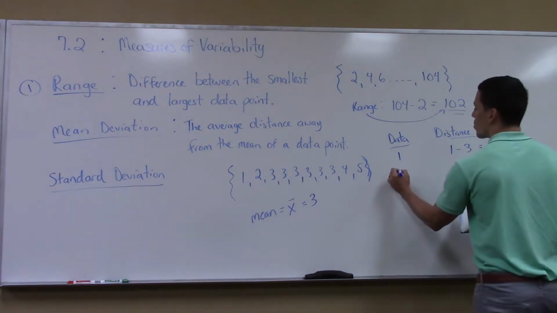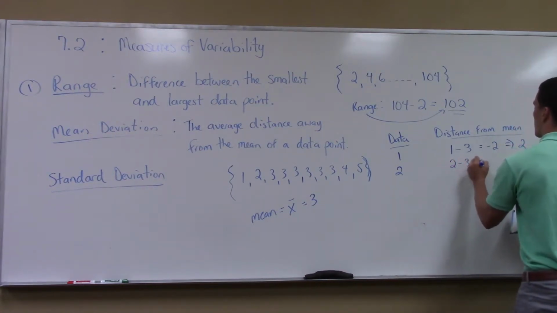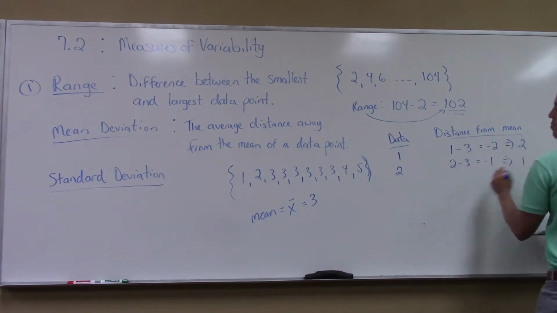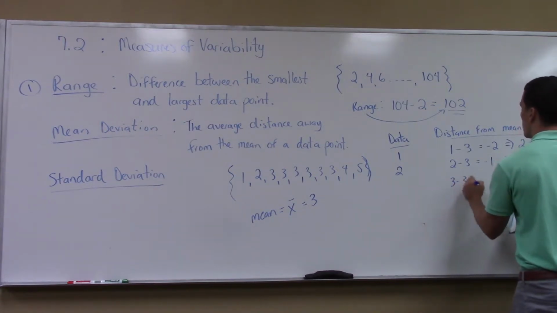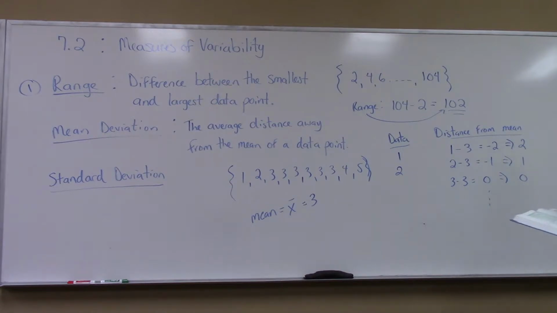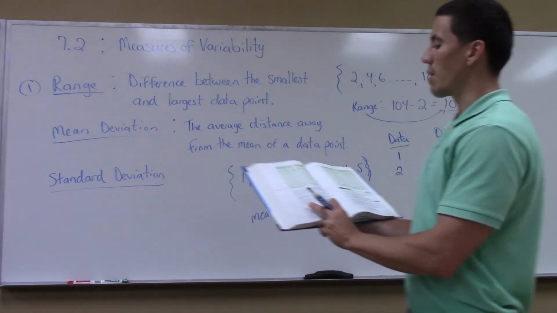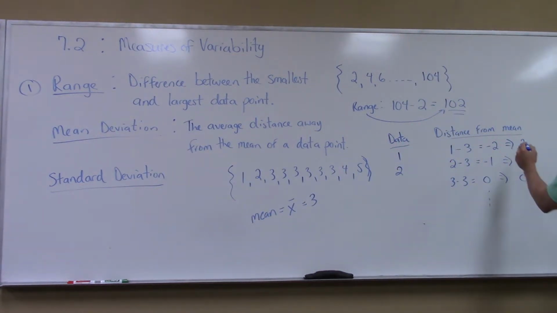And then I'm going to continue that for each of my data points. So 2 minus 3, that's 1 away from the mean. All of these 3's are just going to be 0 away from the mean, so on and so forth. Then if you take a look at the green table on page 448, they're going to take all of these distances from the mean and add them up and average them.